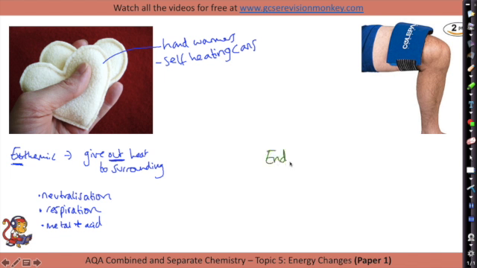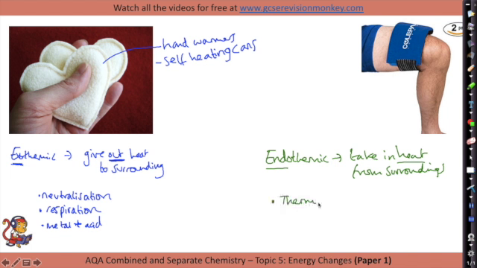Endothermic reactions are the opposite. These reactions take in heat from the surroundings. So endo means take in heat, whereas we said exo means give out heat. Typical reactions that are endothermic are things like thermal decomposition reactions.